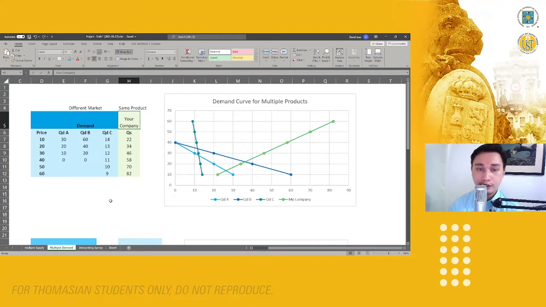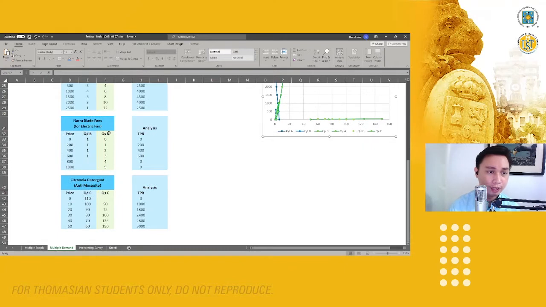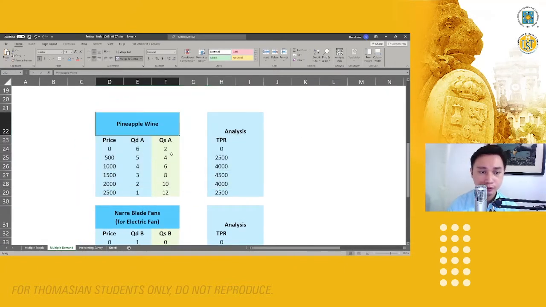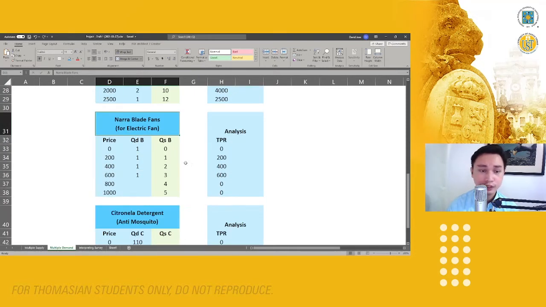But what if you have a lot of demand? For example, we have pineapple wine, then probably Nara Blade, another product. Of course, it has its own production line.